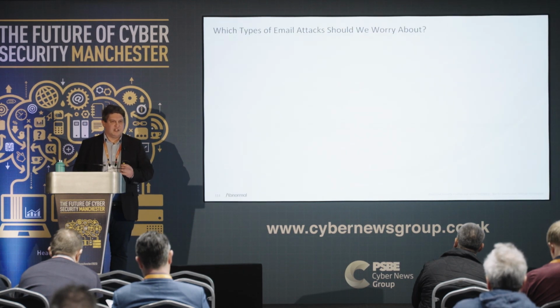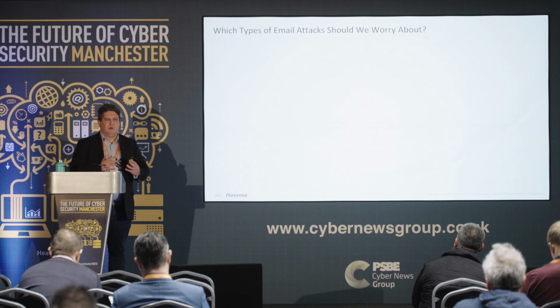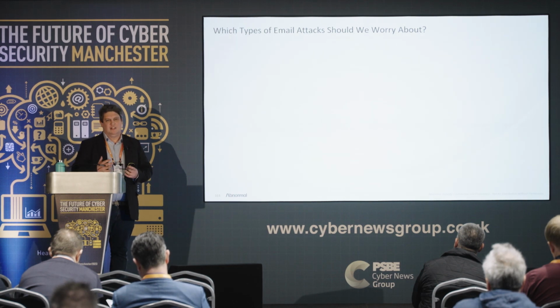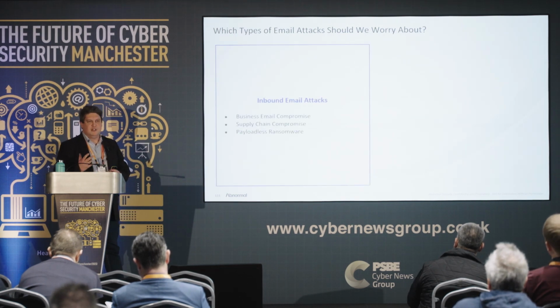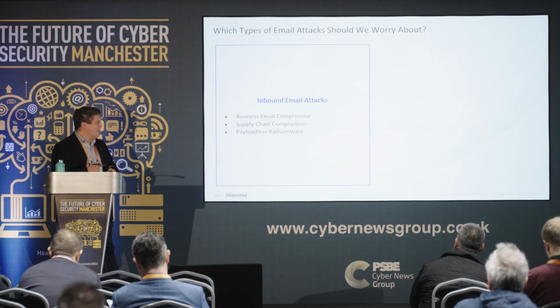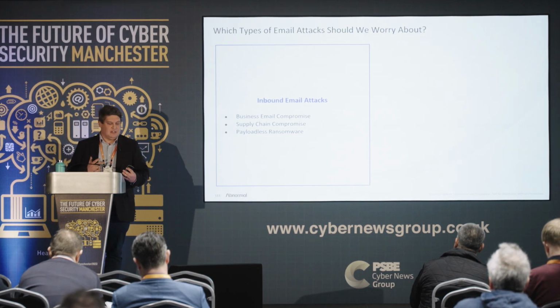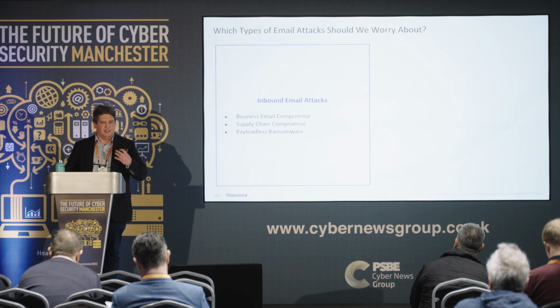So which types of attacks should we be worrying about? Obviously, we all know about ransomware, malware, spam, the low-hanging fruit and the easy-to-detect kind of email attacks. But actually, there are two real camps of email that we want to look for. One of those is the inbound email attack, and those are things like BEC, supply chain compromise, compromised third-party accounts, and payloadless emails and ransomware.